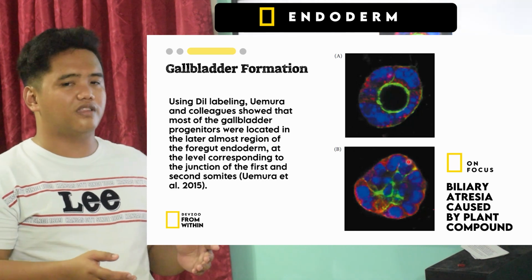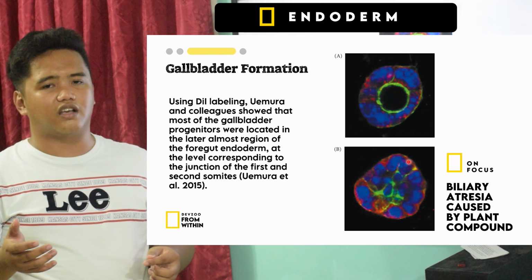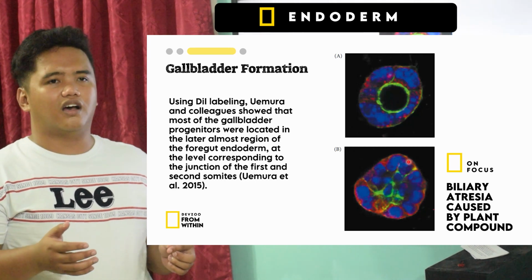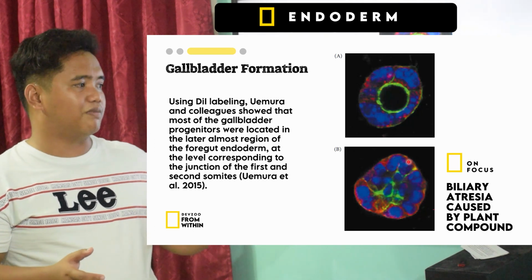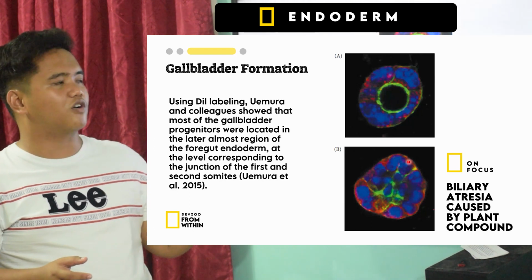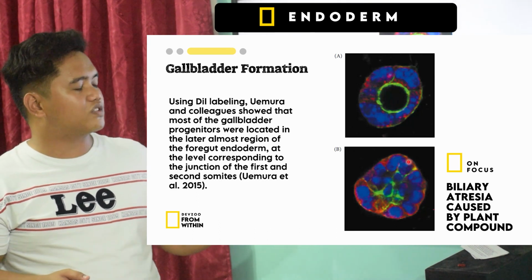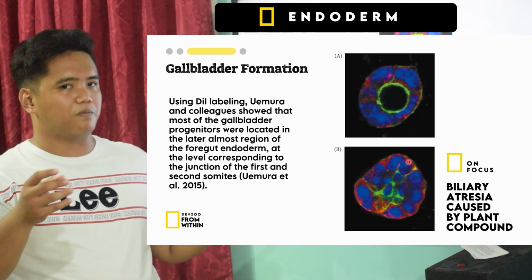So they chose to feed them with pigweeds. These pigweeds contain a teratogenic compound called biliatresone, which causes biliary atresia, a disorder in which the lumen of the biliary tract is blocked by developing tissue.